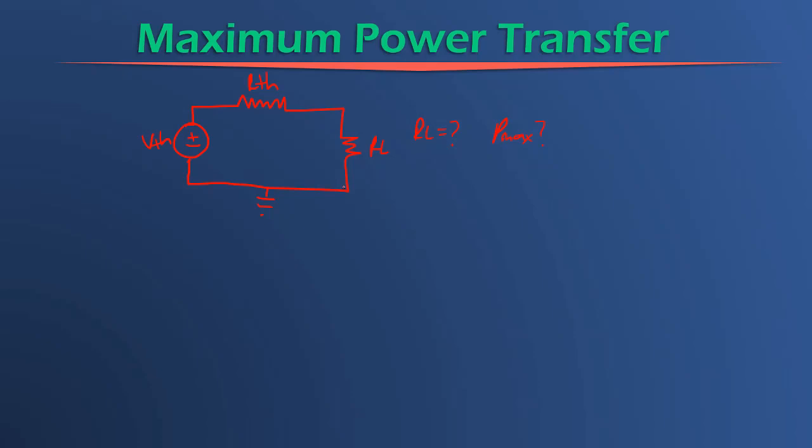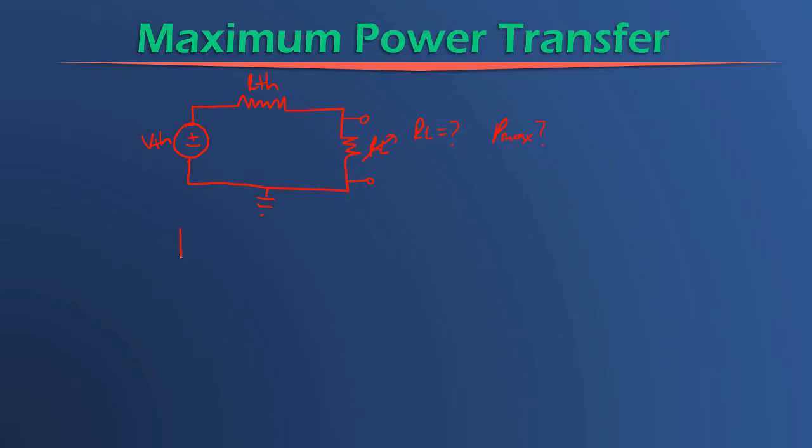Now, for us to be able to determine this, this load resistor is made a variable load resistor, and the power is measured across the load resistor as the resistance value is varied from 0 to infinity.